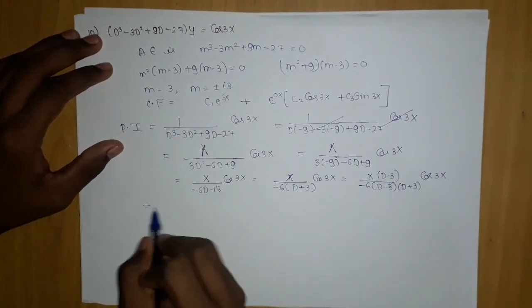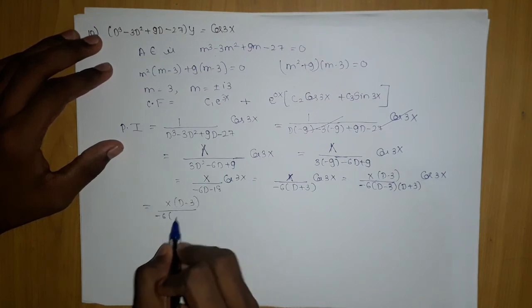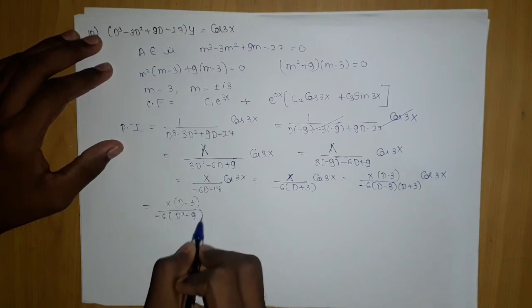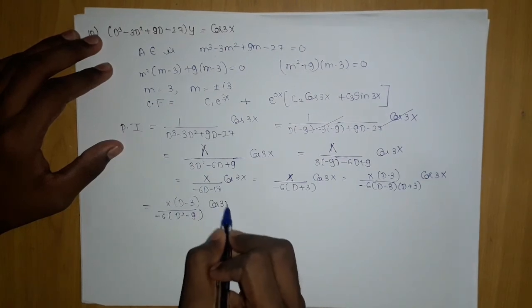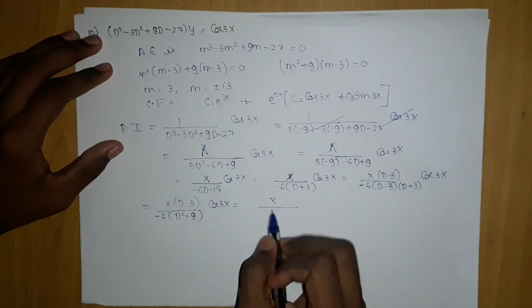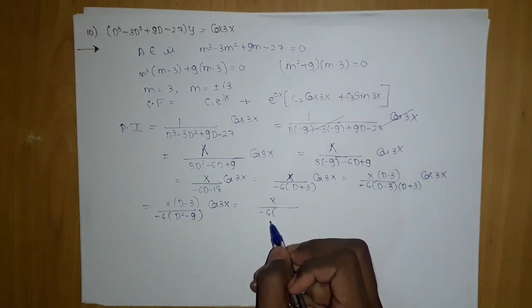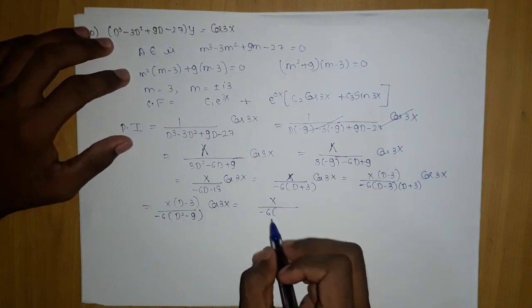If you do the rationalization, you will get x into D minus 3 over minus 6 into D square minus 9, into cos 3x. The moment you do this, substitute D square by minus 3 square, and you will get minus 9 minus 9, which is minus 18.